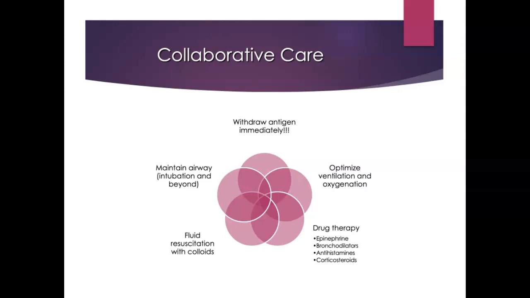You're going to give epinephrine, possibly bronchodilators, antihistamines, corticosteroids to help with that inflammatory response. You will be giving fluid resuscitation because of that massive vasodilation. And again, maintaining that airway, so intubation and maybe mechanical ventilation.